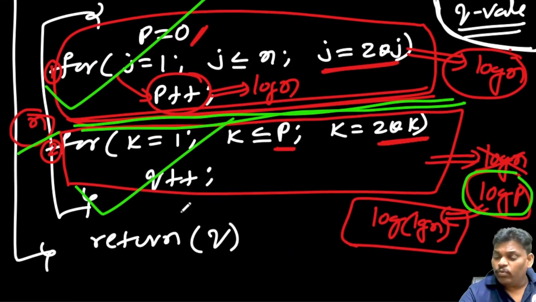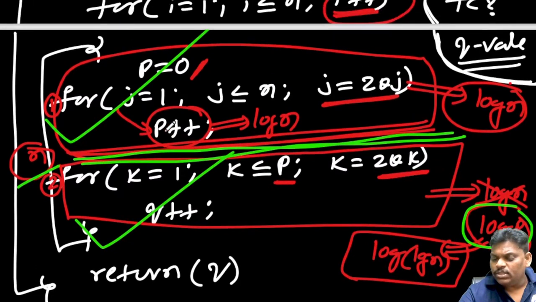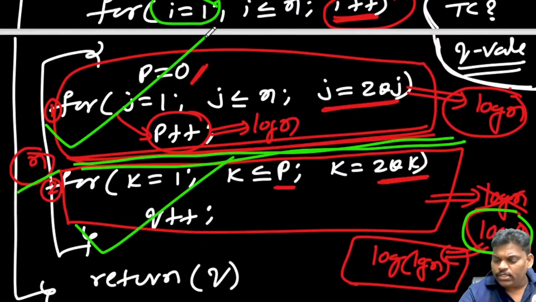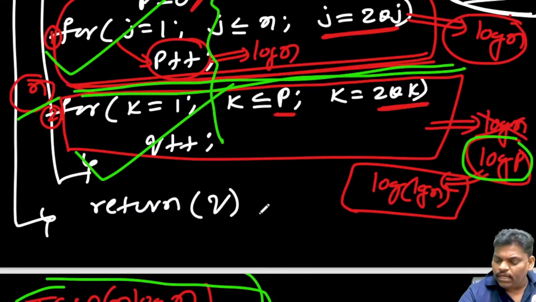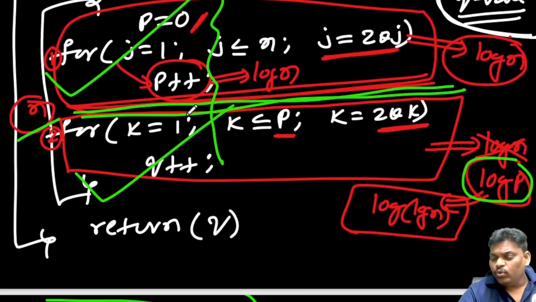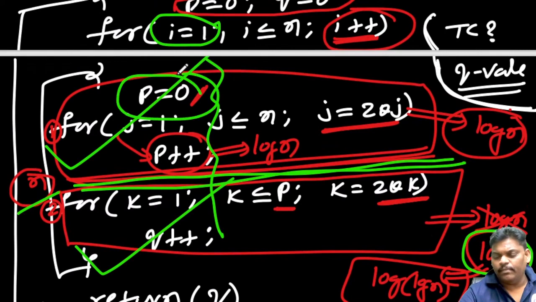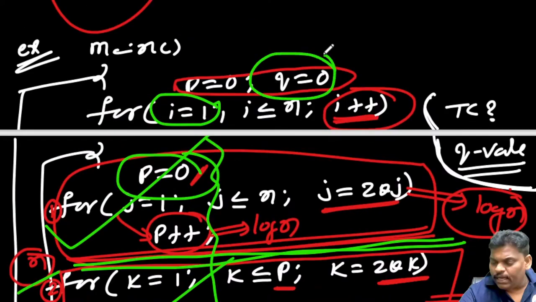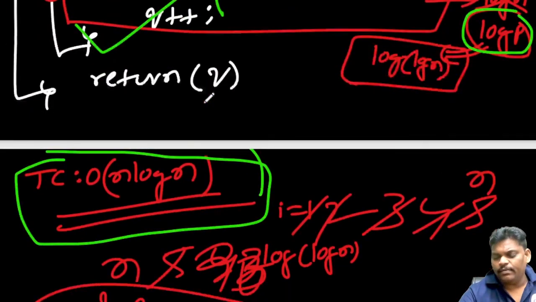Next, what about the q value? First time, whenever i is equal to 1, q value will execute, so the q value became log n. Whenever i is equal to 2, again the q value becomes one more log n. Q is not assigned again and again, but p is assigned again and again.